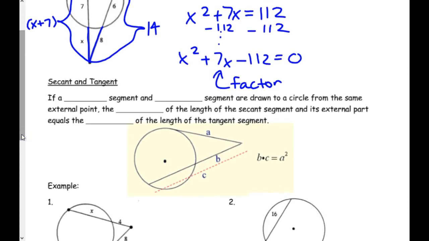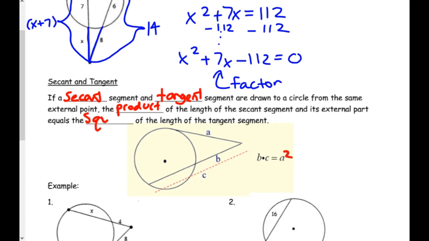Okay, look at secant and tangent, please. If a secant segment and a tangent segment are drawn to a circle from the same external point, as you see, the product of the length of the secant segment and its external part equals, now this is different, the tangent has no internal part, it's just one thing, so what we're going to do is square it.